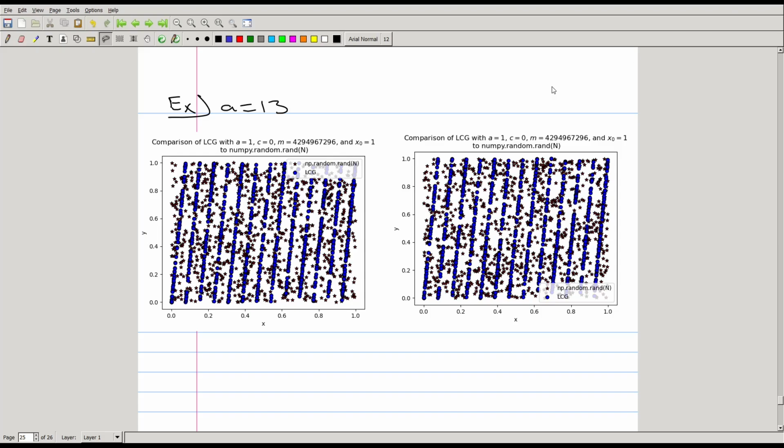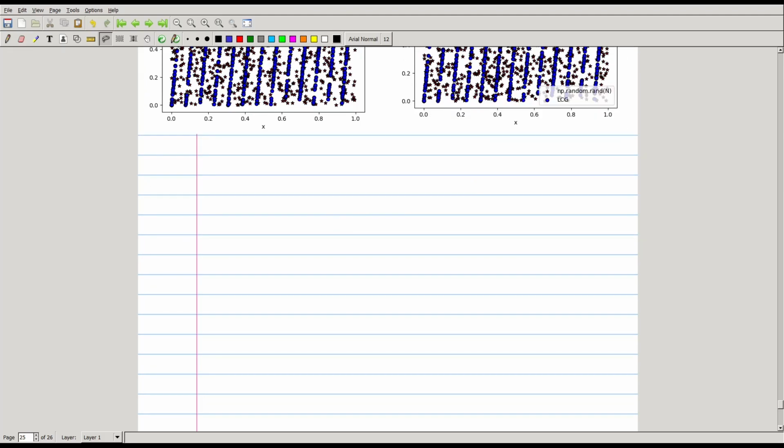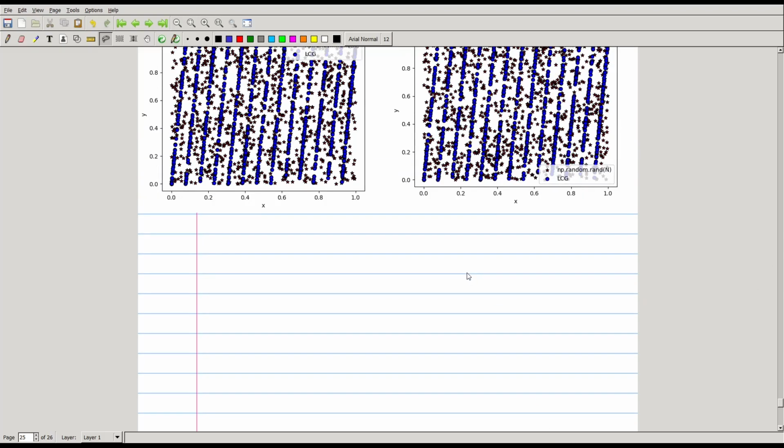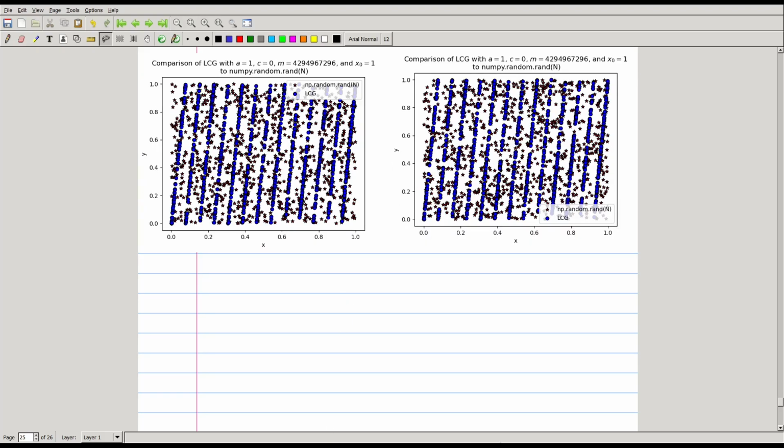So this is what we get when we increase a to 13. And you can clearly see that we're hopefully going to, as we increase the value of a, get exactly what we want.